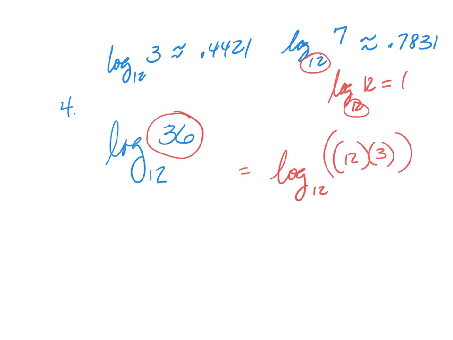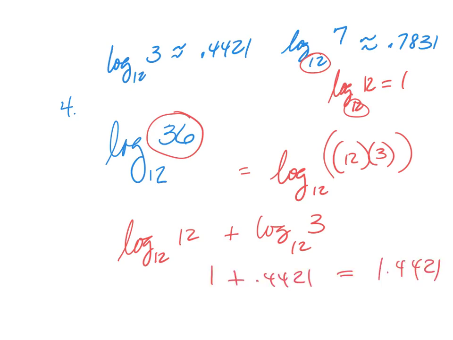Yes. Right? Well, what do you do with multiplication if you're expanding? What does multiplication on your rule sheet go to? It goes to addition. So this can be written as log base 12 of 12 plus log base 12 of 3. Got it?